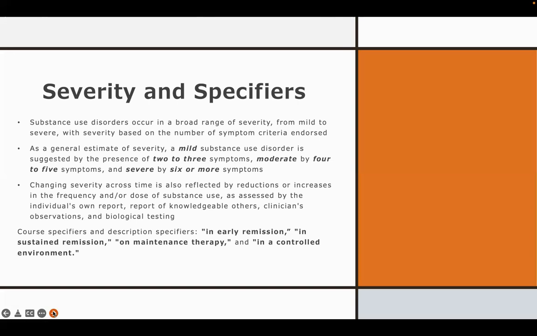We'll talk about what each of those means in more detail. Like I said, substance-induced disorders include intoxication, withdrawal, and other substance or medication-induced mental disorders. Again, we've got substance use disorders and then substance-induced disorders.